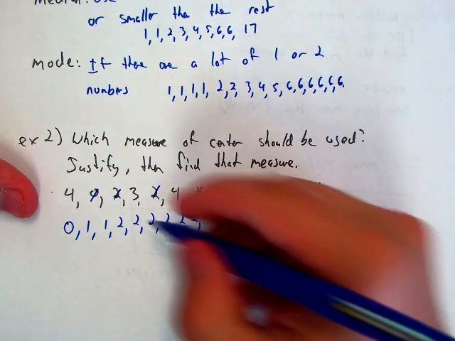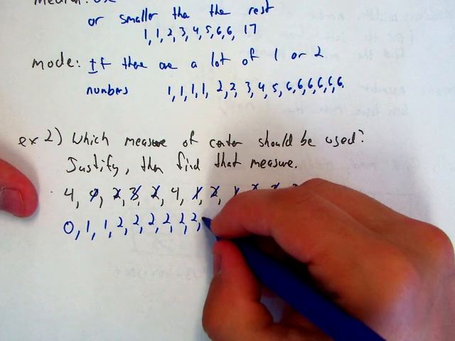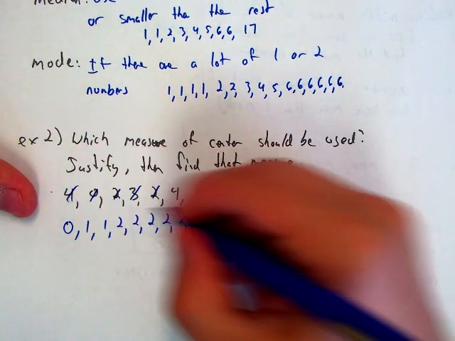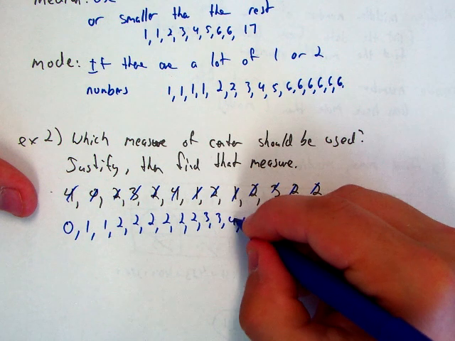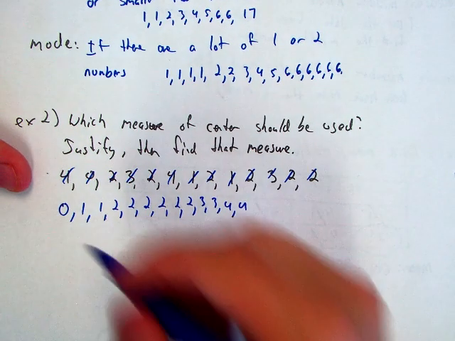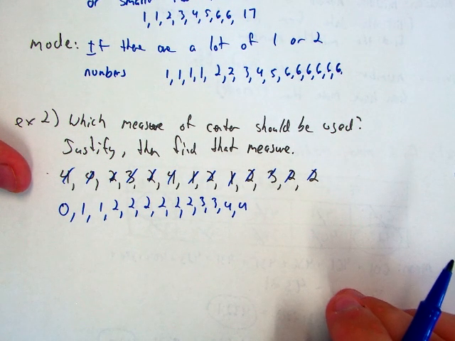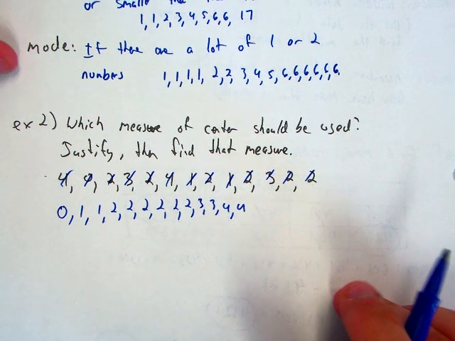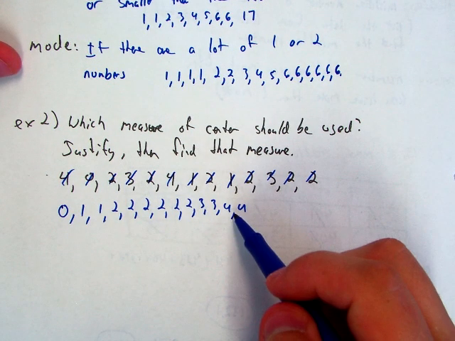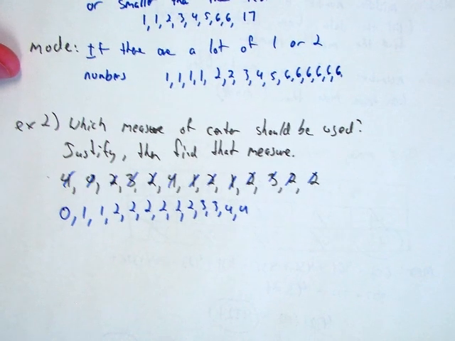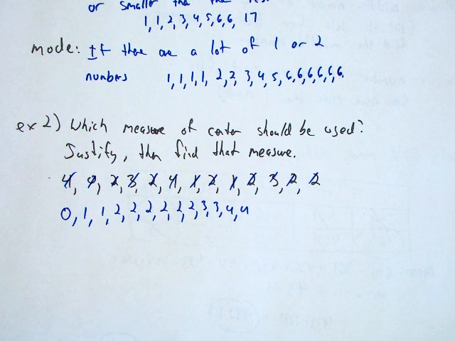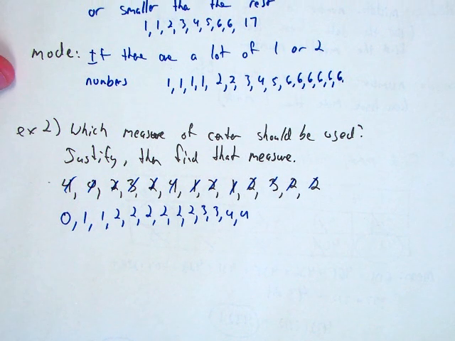A lot of 2s. Here's a 3, and a 3, and a 4, and a 4. So this is my data set ordered from least to greatest. So all of them are pretty evenly spaced. Each one is 1 apart from each other, and there really isn't anything that shows that one's really far from each other. So I could use the mean.